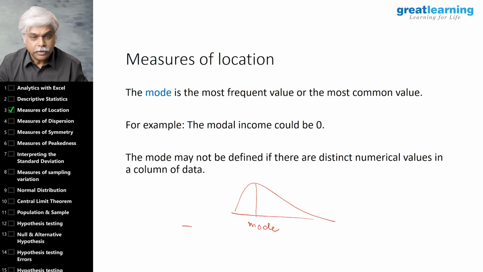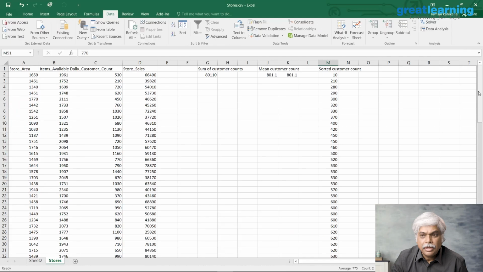In our case, let's see what this looks like. If I simply look at the individual customer counts, 10 occurs once, 210 occurs once, 280 once, etc., most observations occur once, except, for example, 450 occurs twice. And then 530 occurs once, twice, thrice, 4 times.